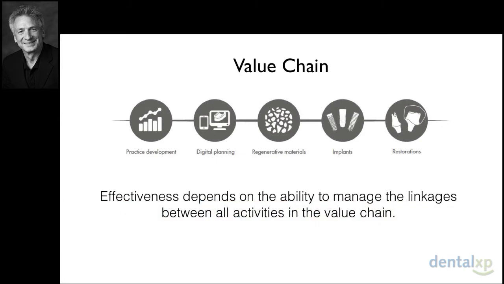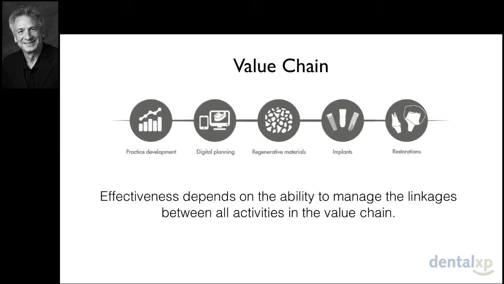If there's a message that I would hope you'll get from what I'm going to discuss, it's that effectiveness depends on the ability to manage the linkages between all activities in the value chain. What that means is there isn't one specific thing in technology, like an intraoral scanner, for instance. You could say, wow, that's great, I want to buy one of those.